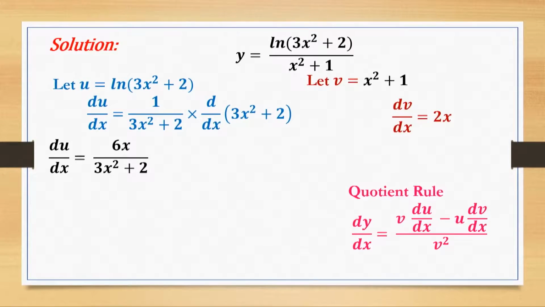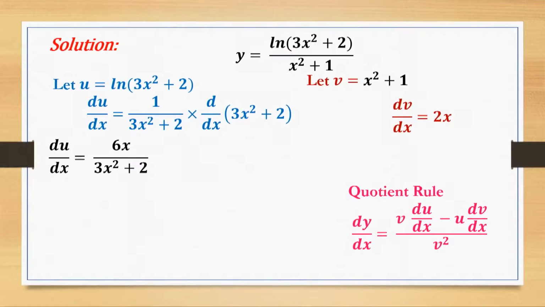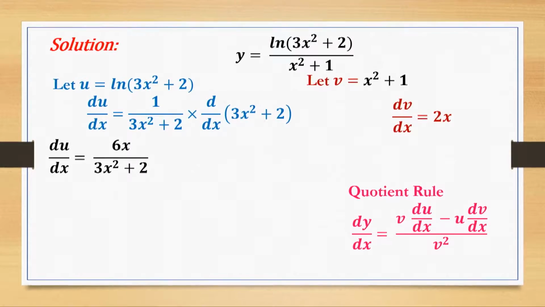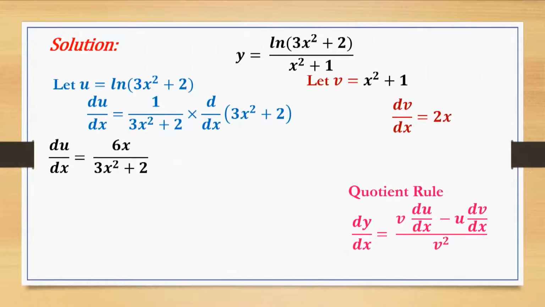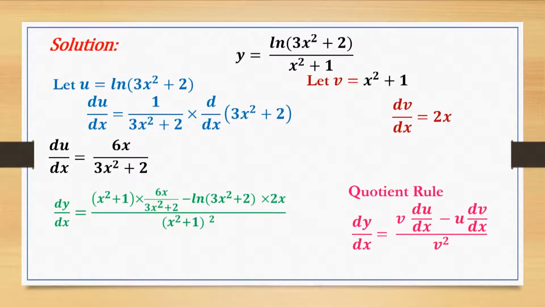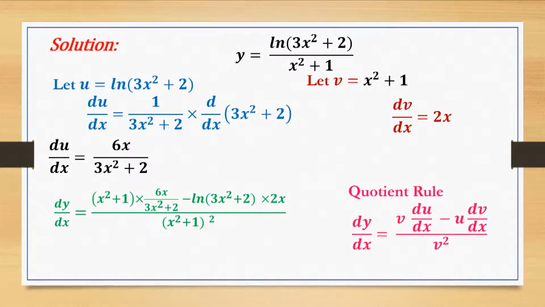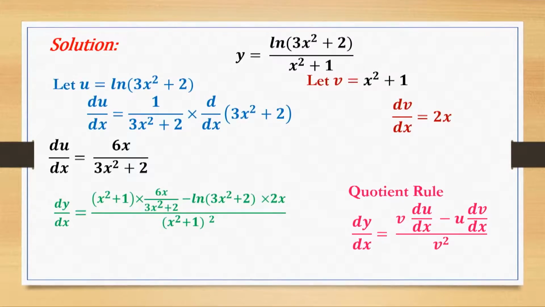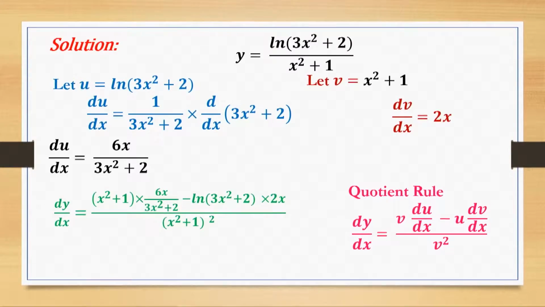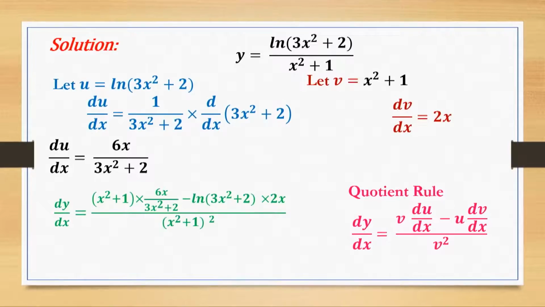Using the quotient rule, which is dy by dx equal to v du by dx minus u dv by dx over v squared. So I'm going to replace all these in the formula to obtain dy by dx equal to (x squared plus 1) times 6x over (3x squared plus 2) minus ln of (3x squared plus 2) times 2x over (x squared plus 1) squared.